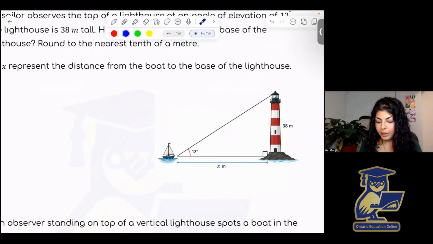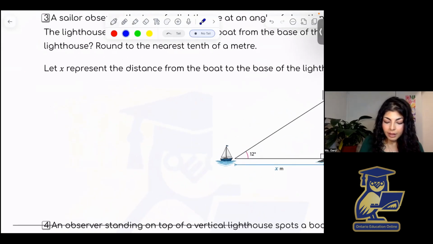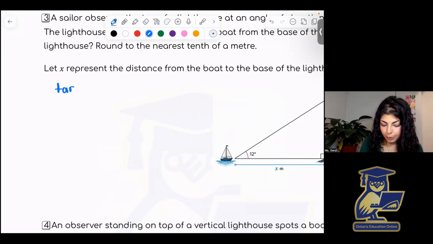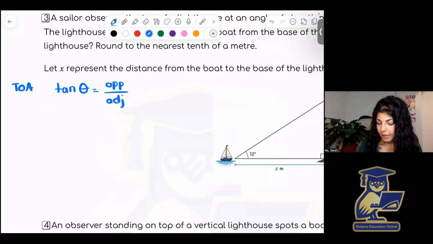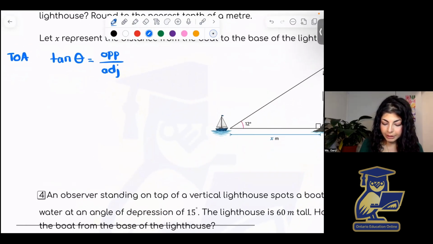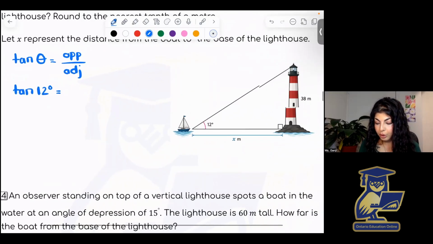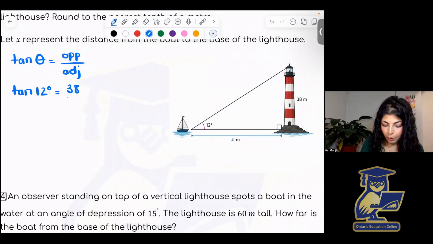And here, with respect to this angle, I have the adjacent side and I have the opposite side. So knowing I have adjacent and opposite, it is best for me to use tangent, which is, remember, TOA, opposite over adjacent. And substituting my values here, tangent of 12 degrees will be equal to 38 over x, which is our adjacent side.